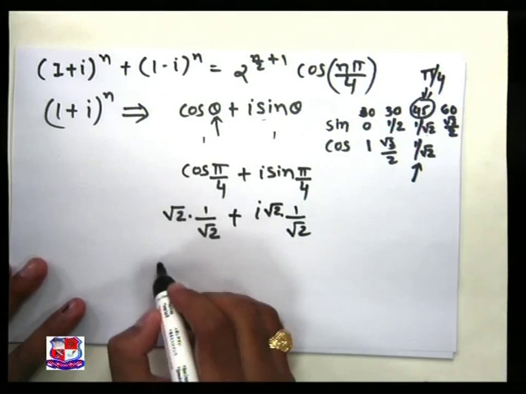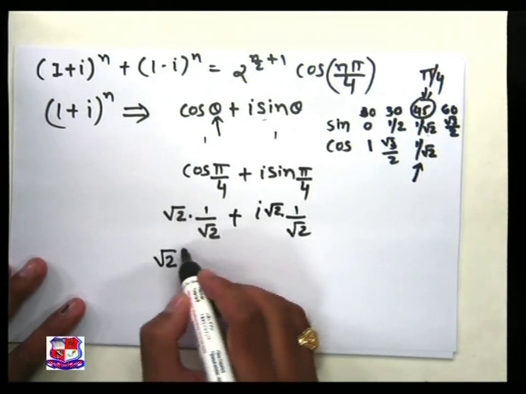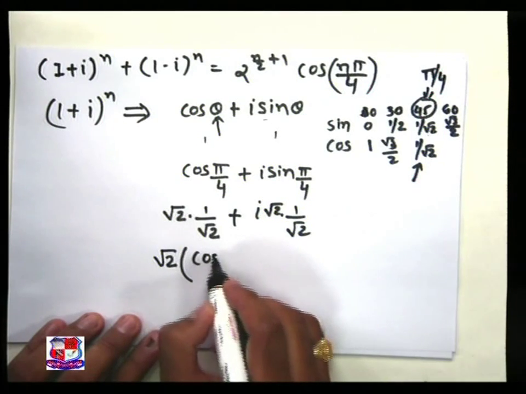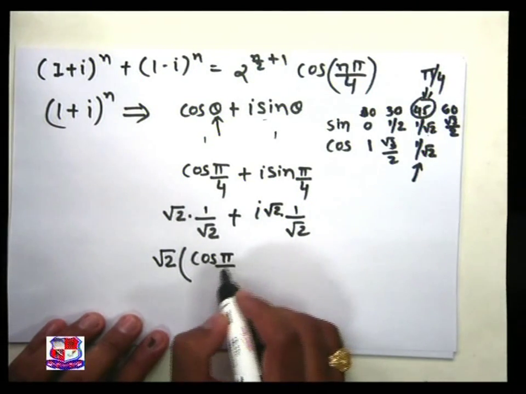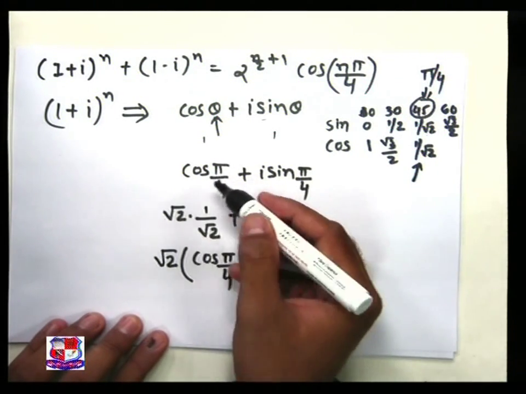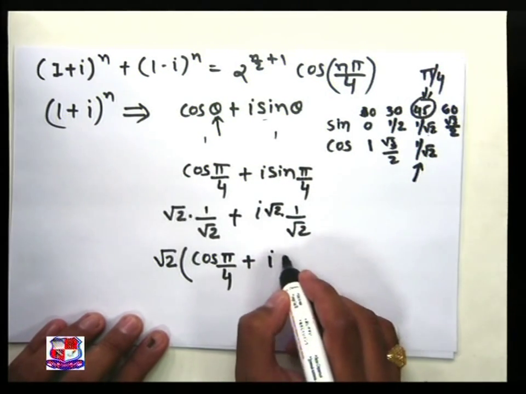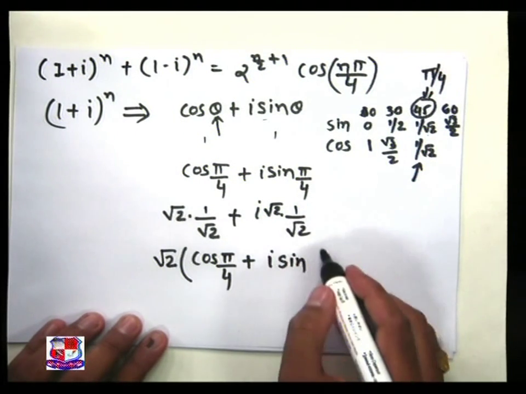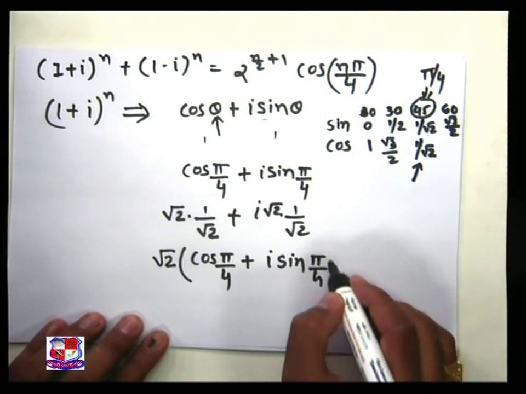So finally we can write √2 times (cos π/4, this 1/√2, plus i sin π/4, this 1/√2).